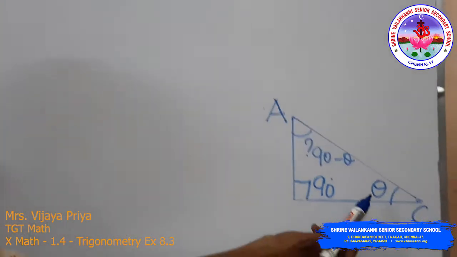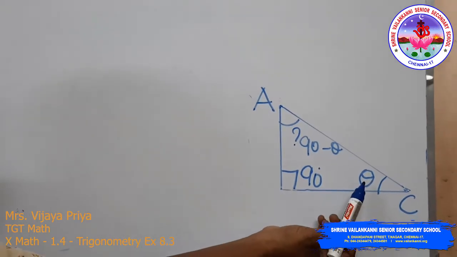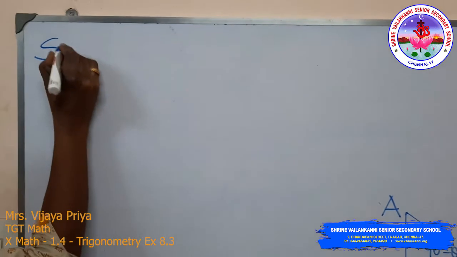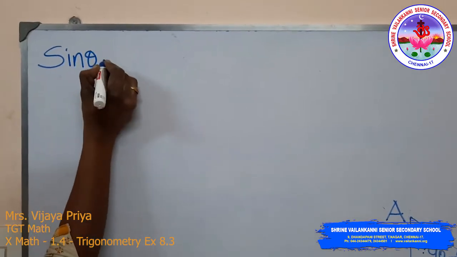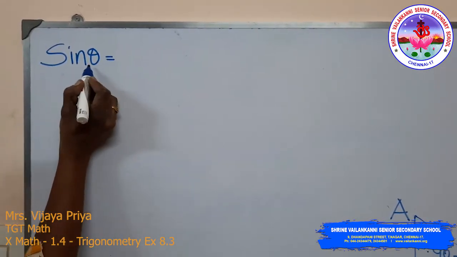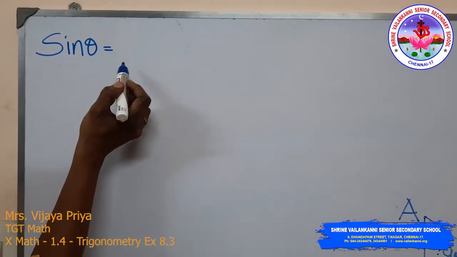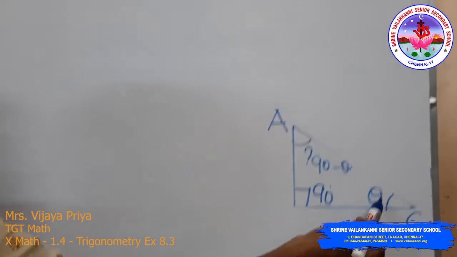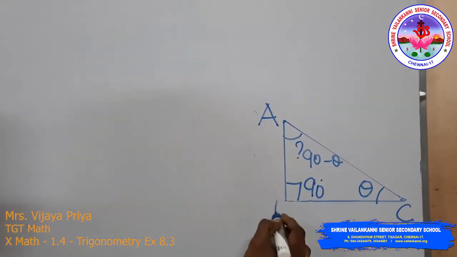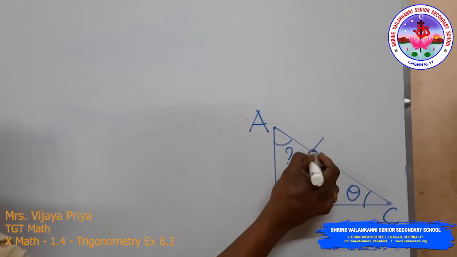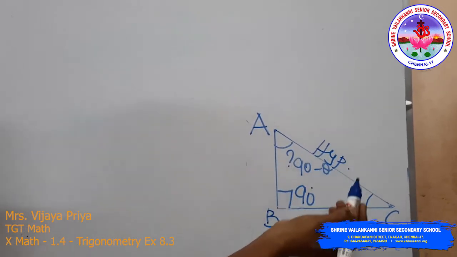We are going to write the trigonometric ratios for theta. Sin theta is equal to the opposite side to theta by the hypotenuse. The opposite side to theta is AB and AC is the hypotenuse.